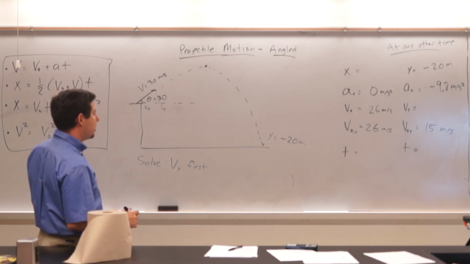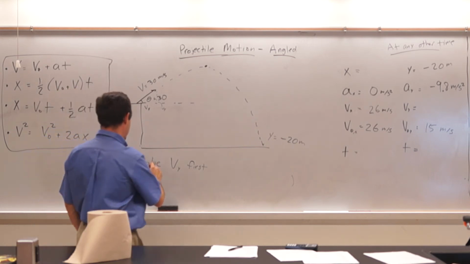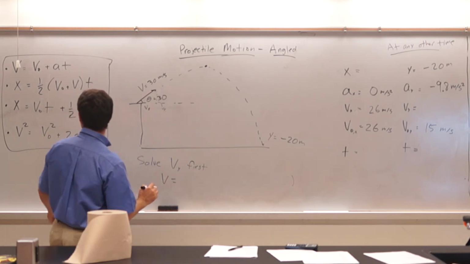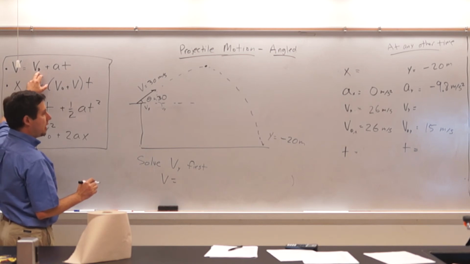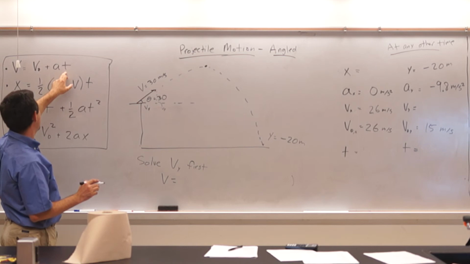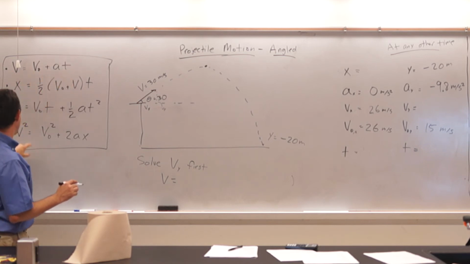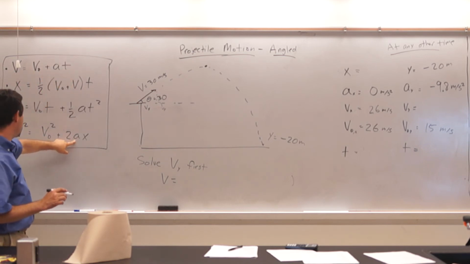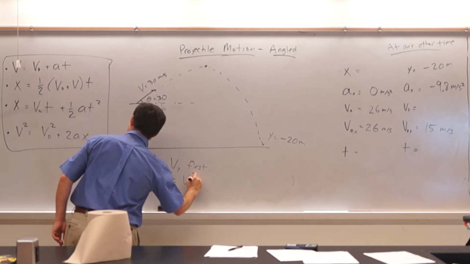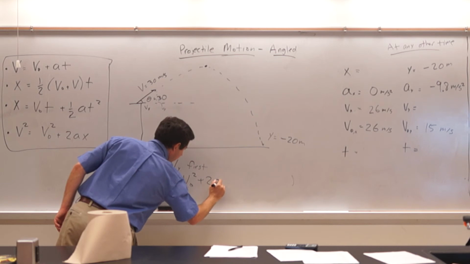So you can say velocity is equal to, what do we know? We know initial velocity, we know acceleration, but we don't know time, so we need one that doesn't have time, this one right here. So v squared equals v naught squared plus 2ay.